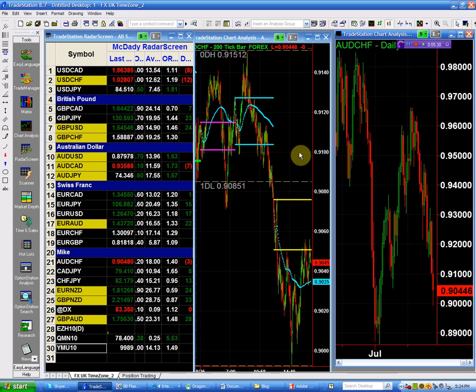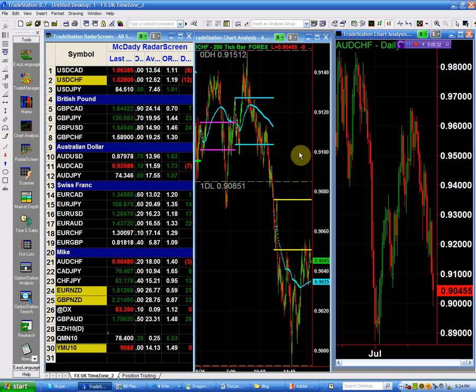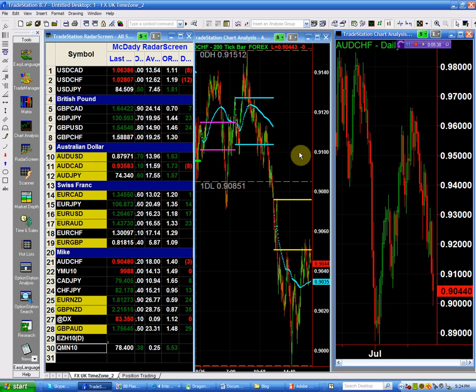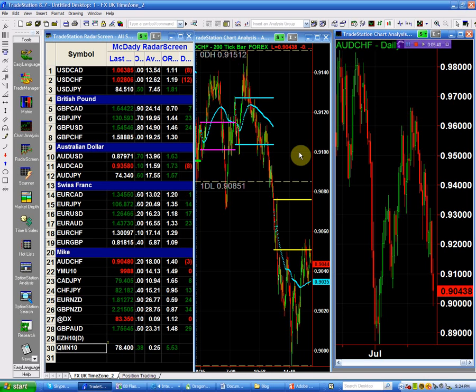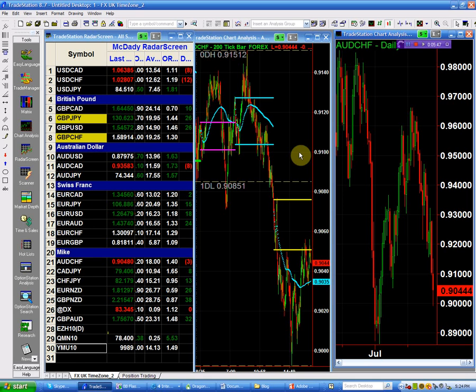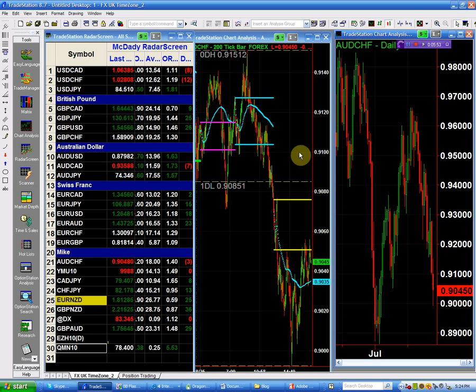These markets now are overextended in favor of the Swiss franc, and we can expect the Swiss National Bank to do what it has been doing for the last year and a half, which is to intervene. And as I said, they want to maximize their intervention, so they will wait until the market is extended in the direction of the Swiss franc.